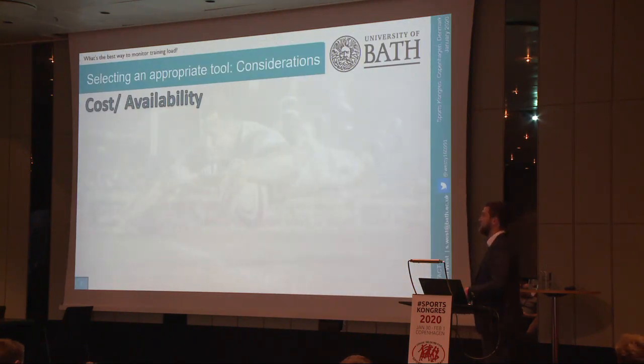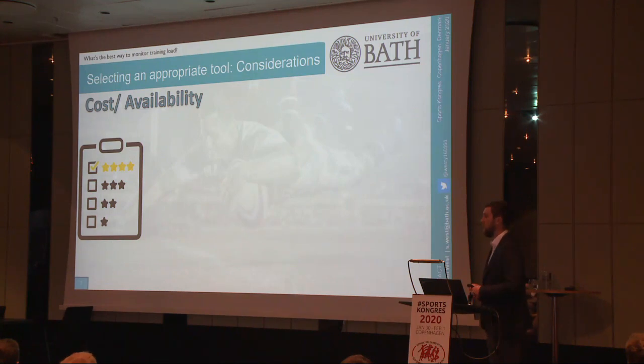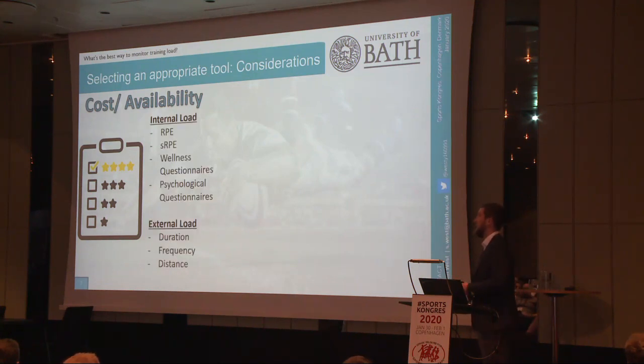The next thing then is around cost and availability. As I've already mentioned, one of the nice things with monitoring load is there's something for everyone. So if you're on a limited resources budget, there's plenty of both internal and external measures that you can use. So things like session RPE, it requires a paper, pen, and the time to be able to go and ask an athlete how the session was.